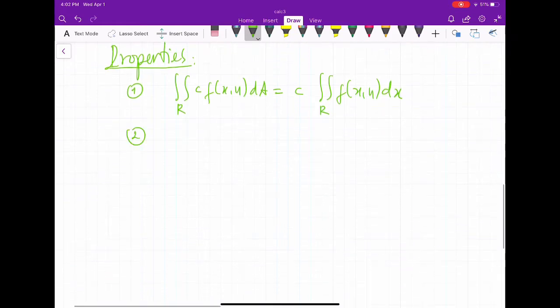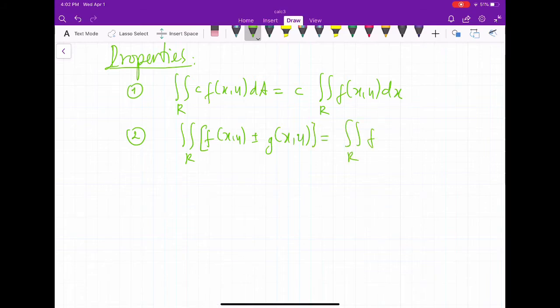The second one, the double integral of f of x, y plus or minus g of x, y. That is the double integral of f, I write in short here, dA plus or minus the double integral of g dA. Okay.